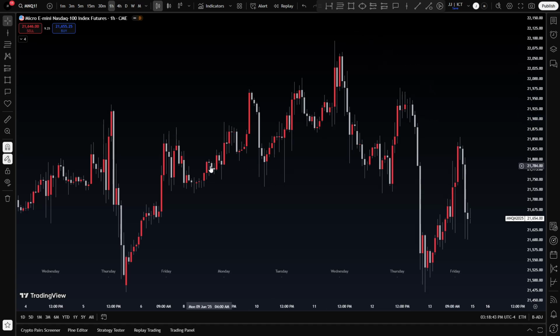Because look what happens. The whole previous days before Thursday, Wednesday, Tuesday, and Monday, it consolidated the whole time before Iran got bombed by Israel. And then the market just tanks. The question is, if it was so random, how does the market just know to consolidate before this happens?